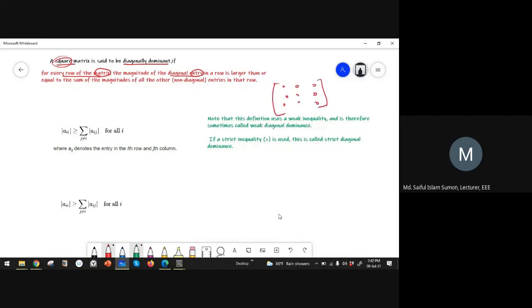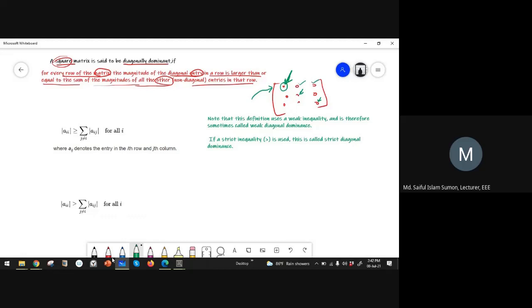This is the diagonal entry for the first row, this is the diagonal entry for the second row, and this is the diagonal entry for the third row. If the diagonal entry in a row is larger than or equal to the sum of the magnitudes of all other non-diagonal entries, that means for this row, this is the diagonal entry, and it should be greater than the sum of the other two elements.